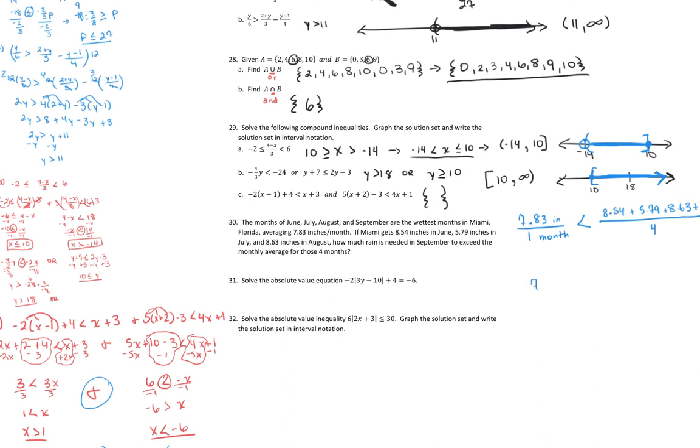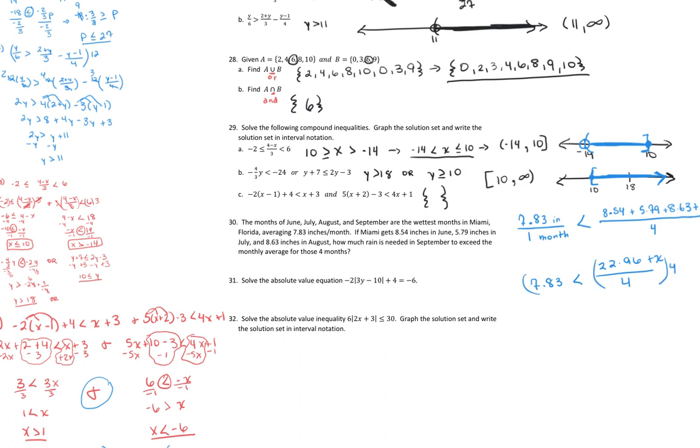So it'll look something like 7.83 is less than, and then if we add all those up, 8.54, 5.79, and 8.63, we get this 22.96 plus x over 4. And then from there, it's just an inequality like we're used to from the other problems.